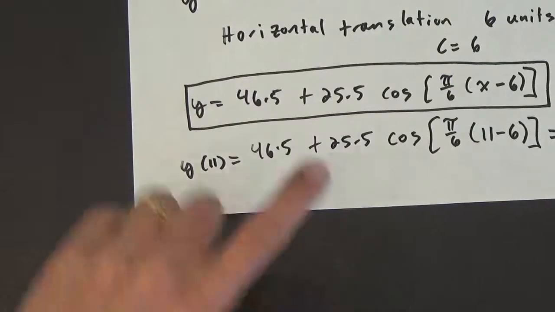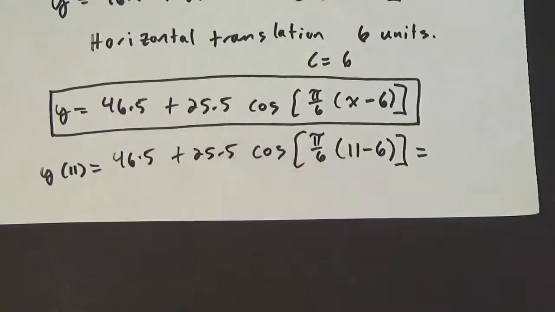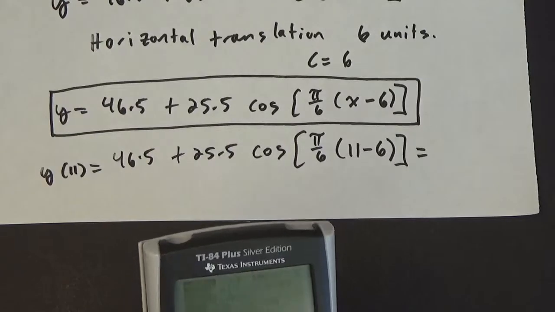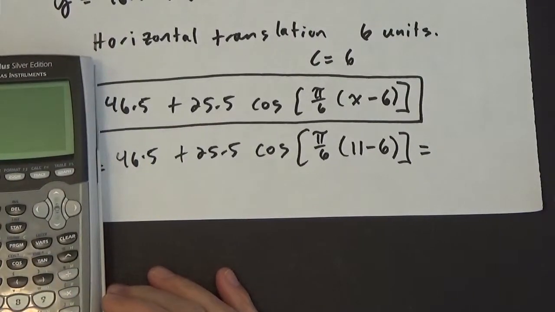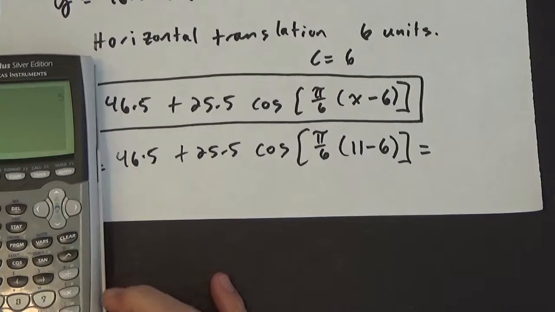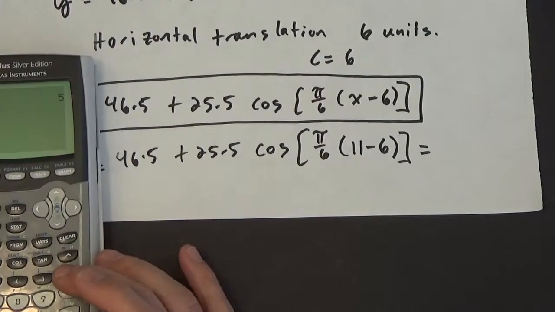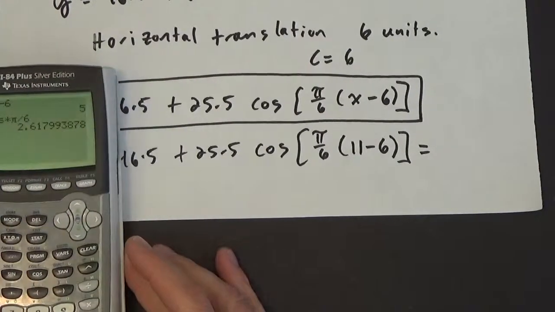And at this point, we definitely need our calculator. Okay, make sure you're in radians. That's always good. And so let's see here. I'm going to take 11 minus 6, which is just 5, times pi divided by 6, which gives us 2.61799.